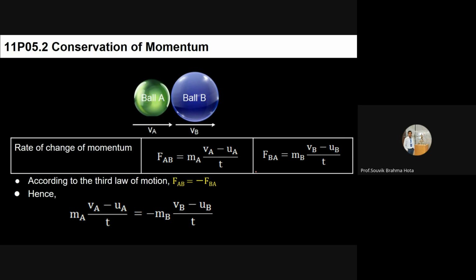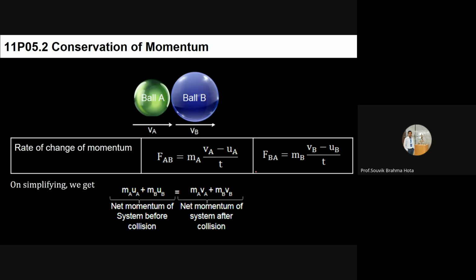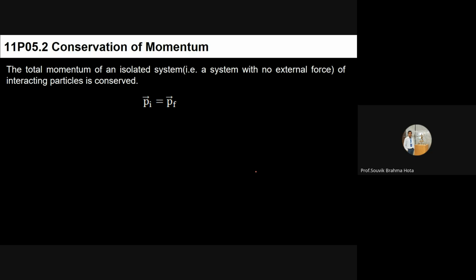So mA (vA minus uA) by t is equal to minus mB (vB minus uB) by t. The t gets cancelled. So you have mA uA plus mB uB is equal to mA vA plus mB vB. The total momentum of an isolated system of interacting particles is conserved. So initial momentum is equal to final momentum.